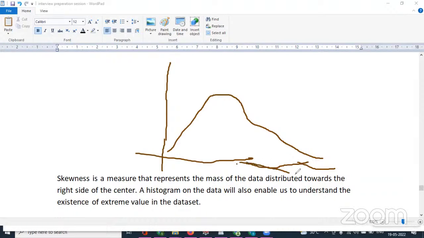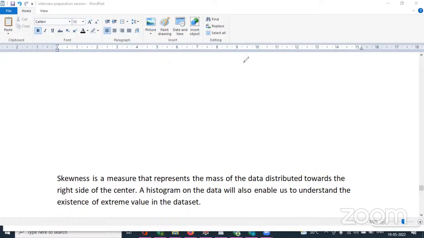In this case you can say the data is right skewed because most of the extreme values are present on the right side. You can't really directly say outlier, you can say extreme values. Now let's move on to the next question.